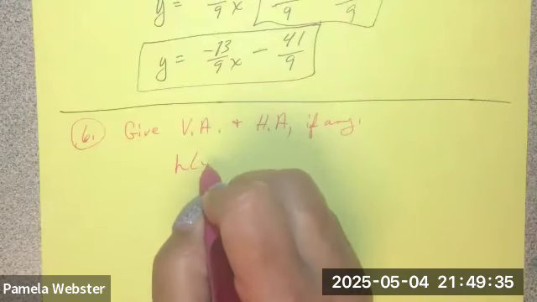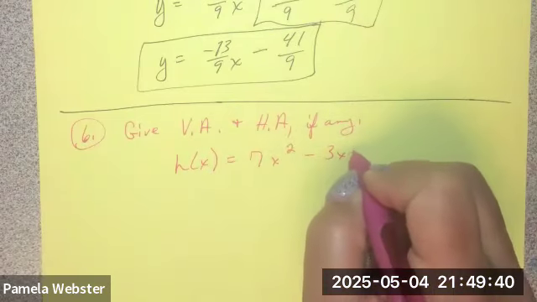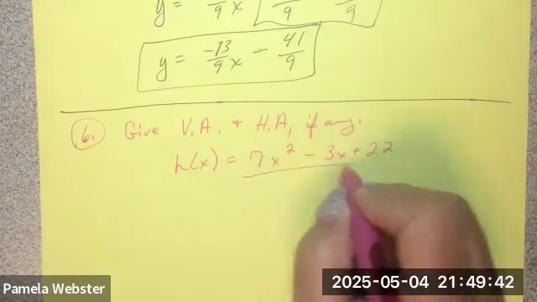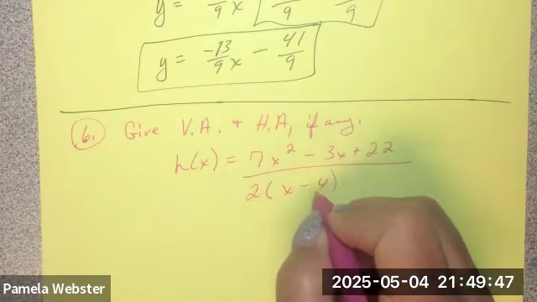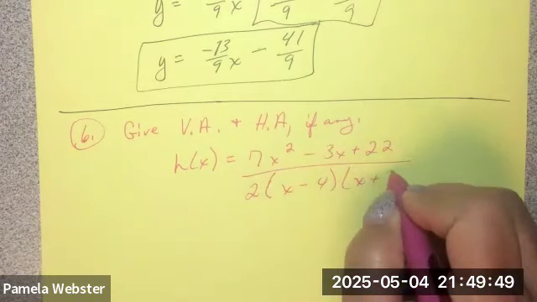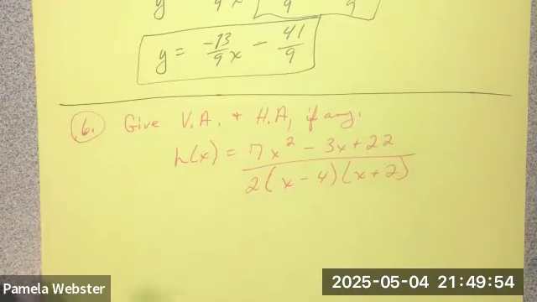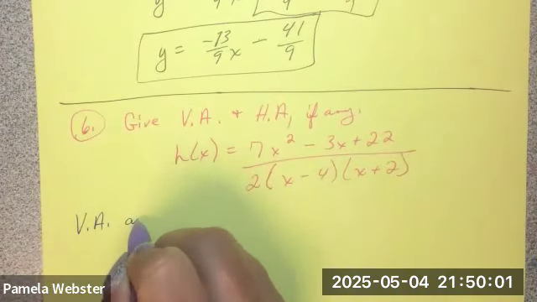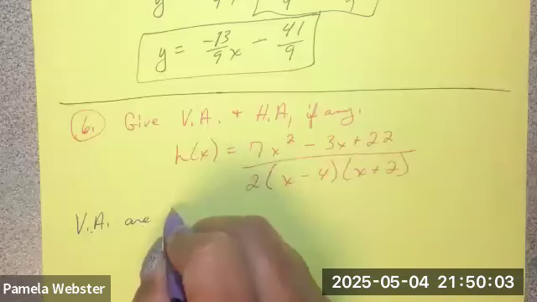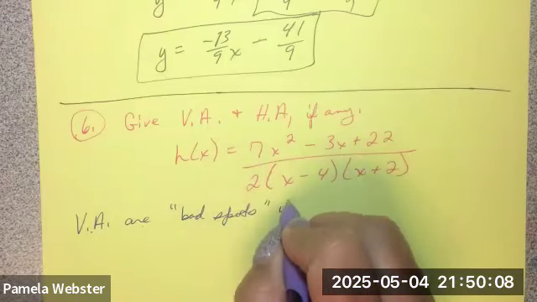So h of x equals 7x squared minus 3x plus 22 all over 2 times x minus 4, x plus 2. Okay. So let's hit vertical asymptotes first because we already did domain. So this is a nice thing to see. Vertical asymptotes are bad spots in the domain.